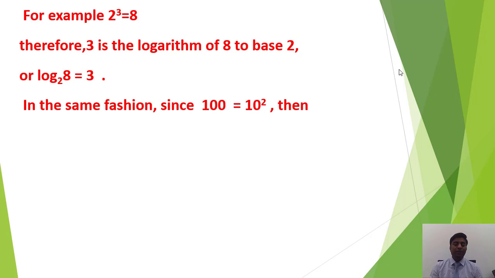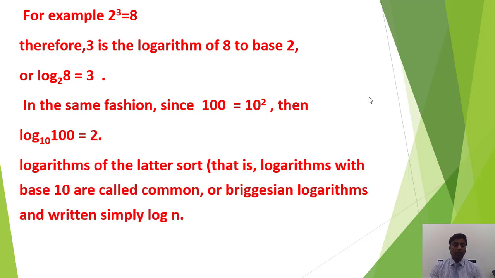In the same fashion, since 100 is equal to 10 raised to the power 2, log 100 to the base 10 is equal to 2. Logarithms of the latter sort, that is logarithms with base 10, are called common or Briggsian logarithms and are written simply as log n.